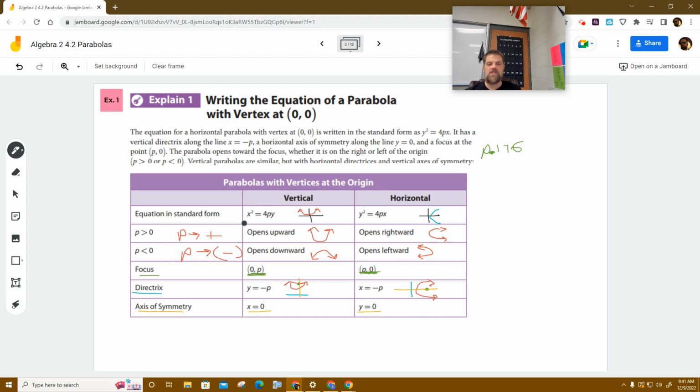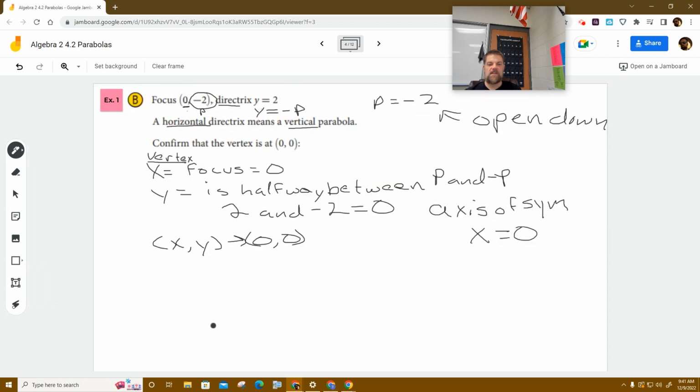Oh, here's the equation. So the equation for this is going to be x squared is equal to 4 times p times y. Okay? Now, if you plugged in 0 for x and y, you would find out, well, let's figure this out.